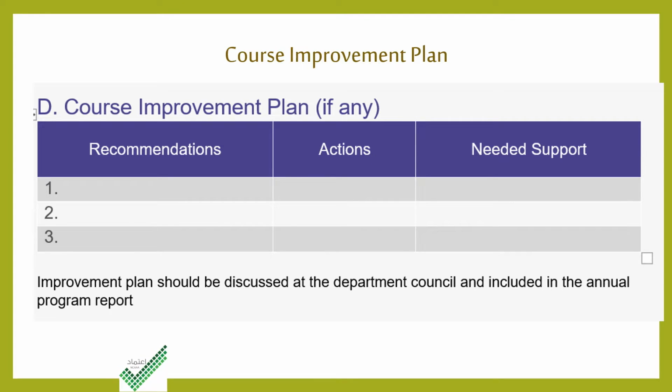So if there is something significant, something important, you can write your course improvement plan. If not, and the grades are okay, the teaching strategies are okay, the textbook is okay, and everything is okay, I think you can leave it empty.